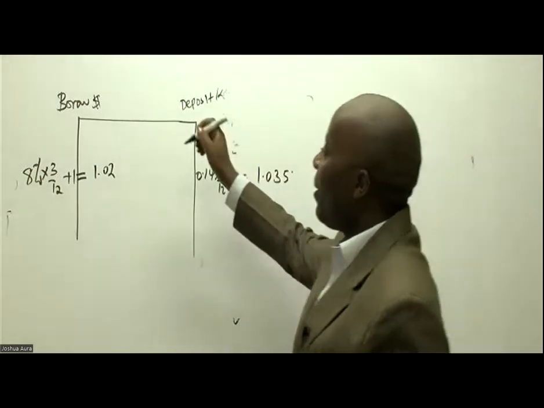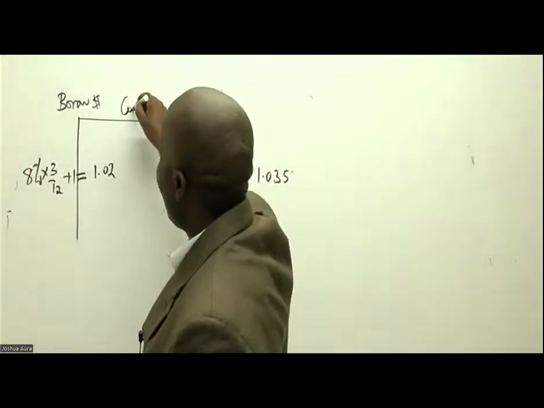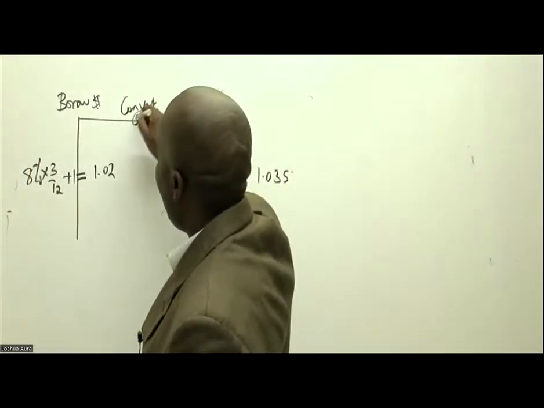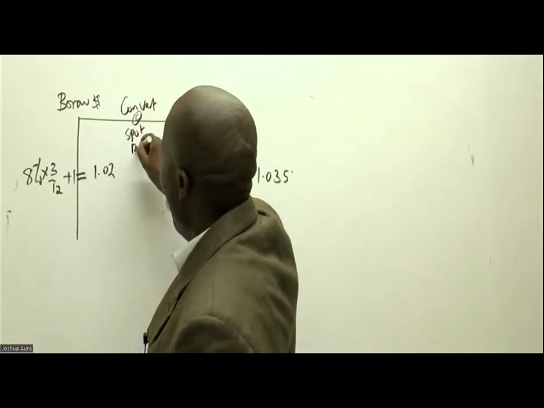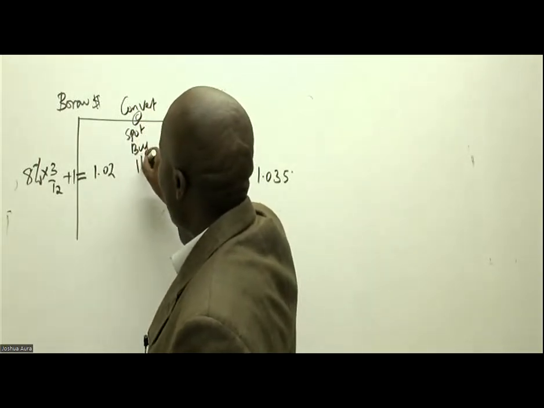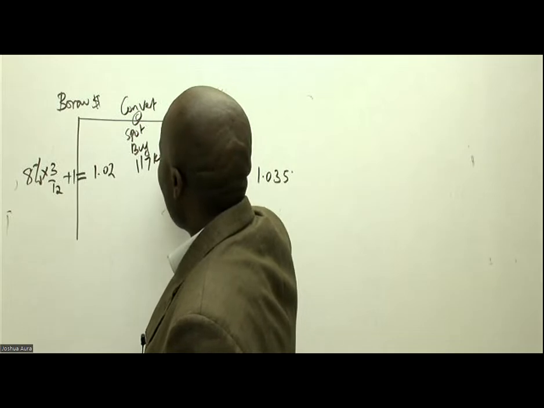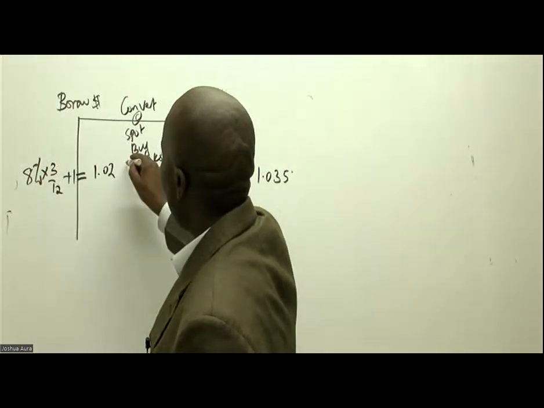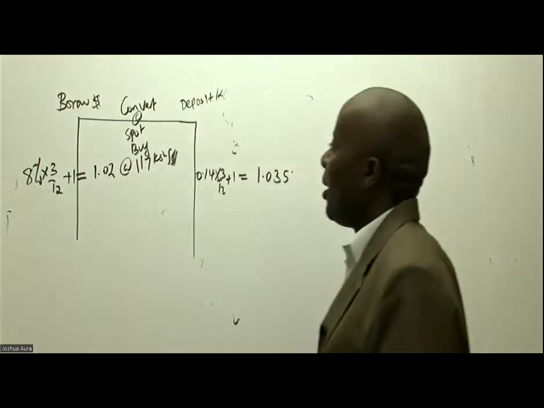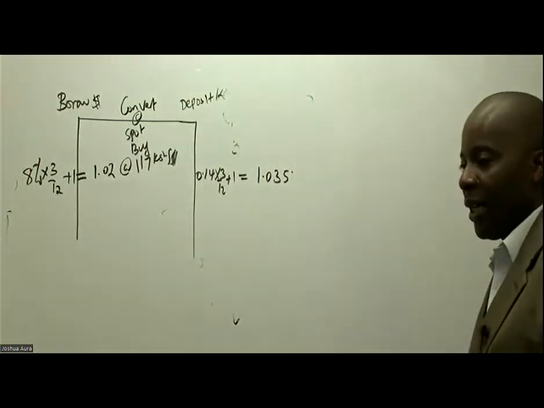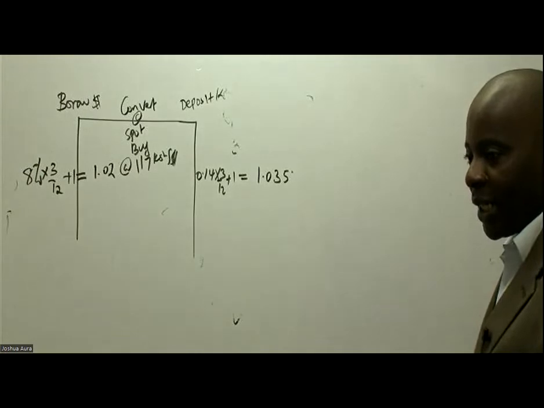Here it says convert export. You said it's buying when you're converting at 117 Kenya shillings per dollar. Now in this case, here comes the last thing.